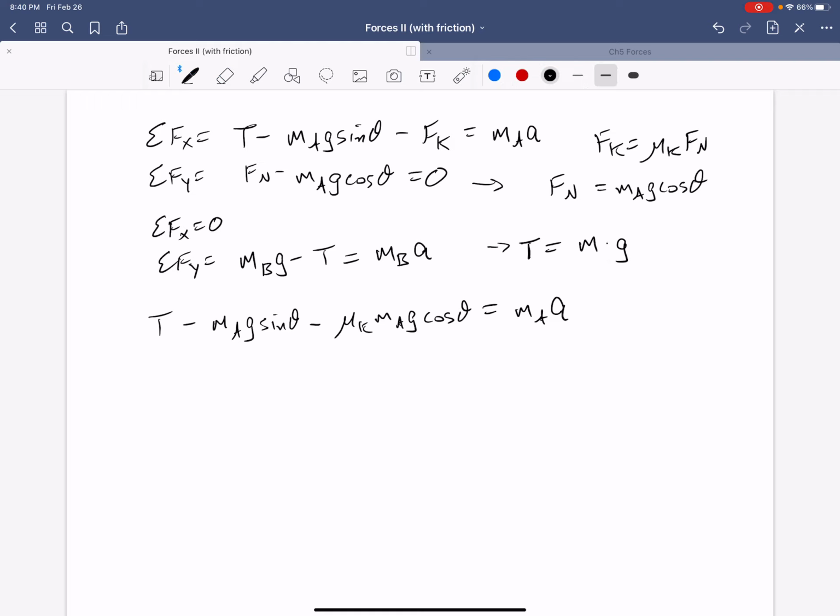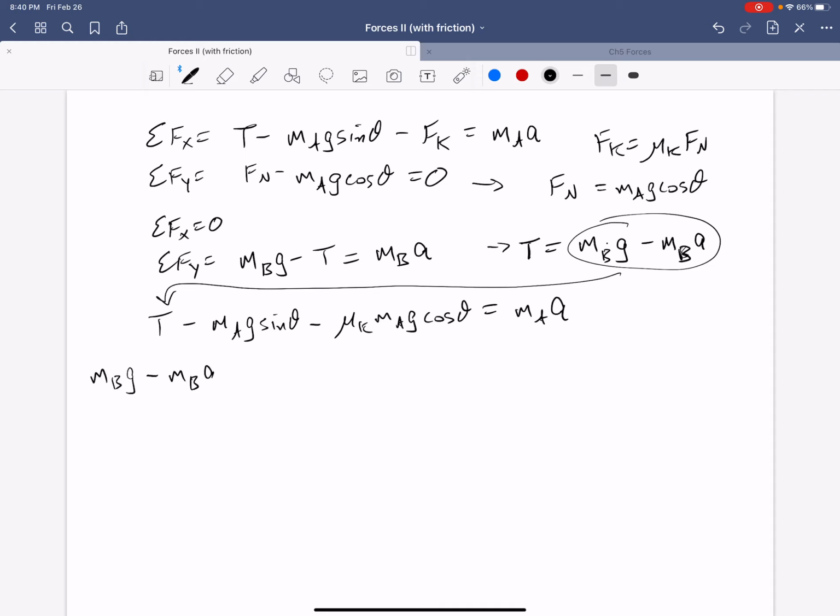It's actually mbg minus mba. Okay. So now I'm going to take this bunch and plug it in for T right there to turn that equation in terms of a. Oh yes, so we have all this other stuff left over.